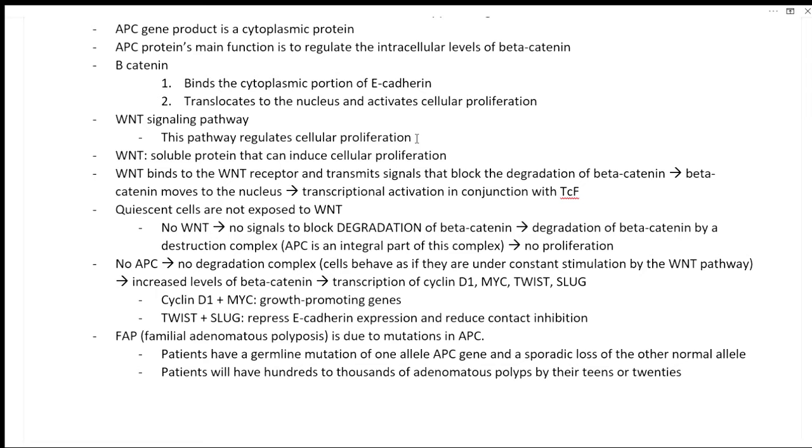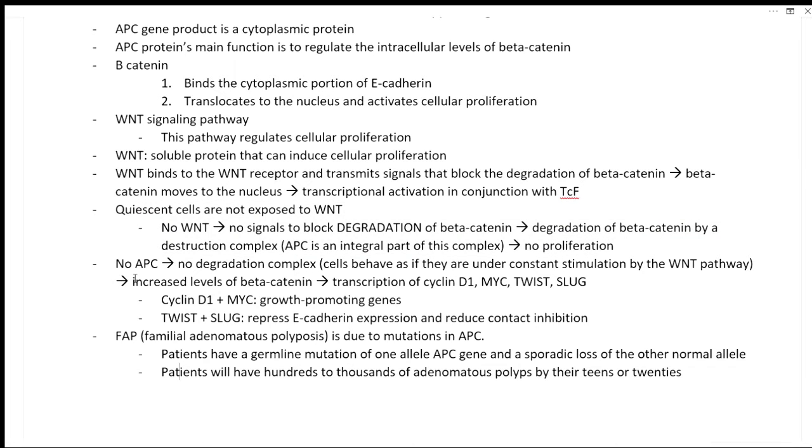Beta-catenin gets degraded by a destruction complex, of which APC is an integral part. If no beta-catenin goes to the nucleus to lead to transcription of factors that lead to cellular proliferation, we get lack of proliferation. So this process is seen in cells that aren't dividing much.